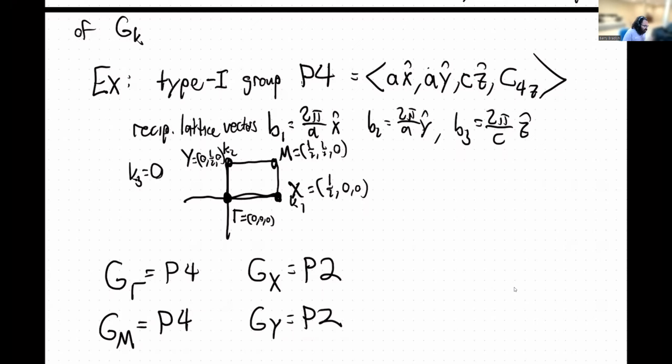So we finished last time talking about little groups at high symmetry K points in the Shubnikov space groups.